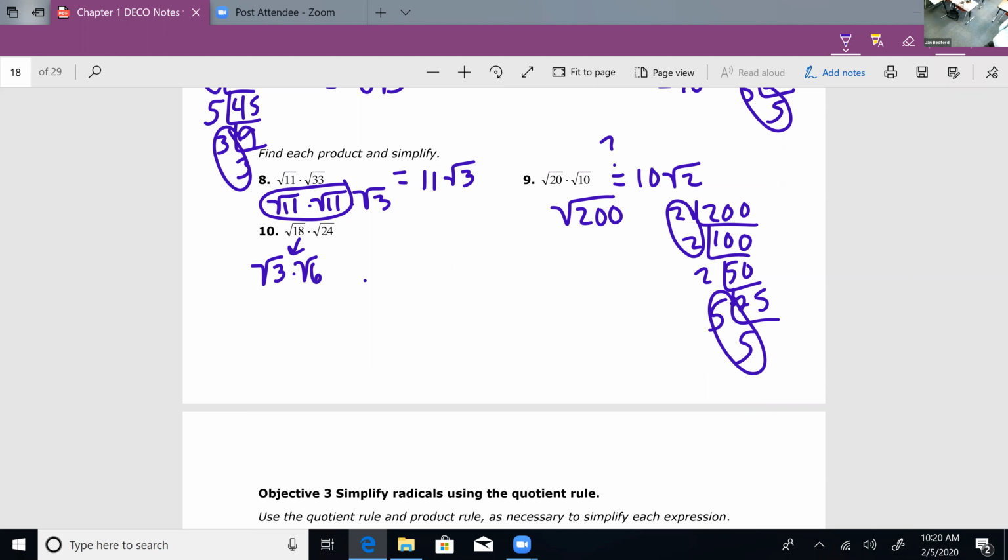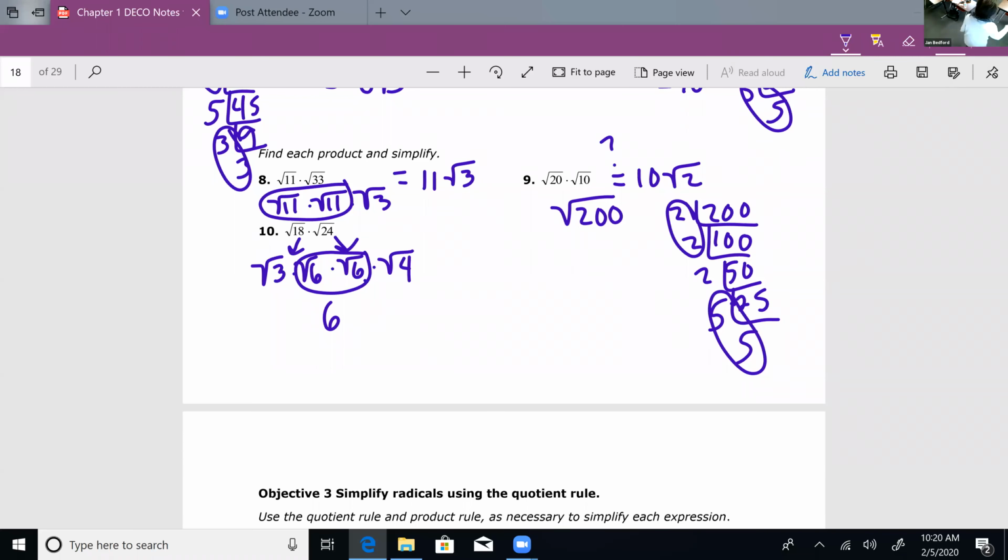All right, tell me about the square root of 24. That's 24 is going to be 6 times what? All right, so I could think of this as the square root of 6 times the square root of 4. Agree? Now, what do you notice we've got a pair of? Square root of 6's. So if I were to circle those up, then I know that's equal to 6.